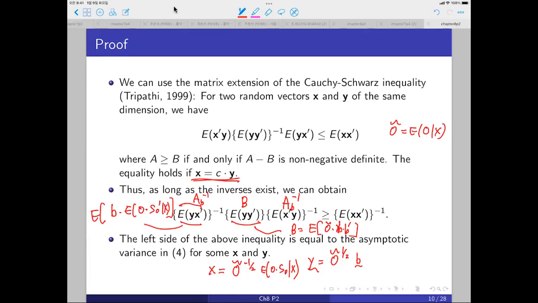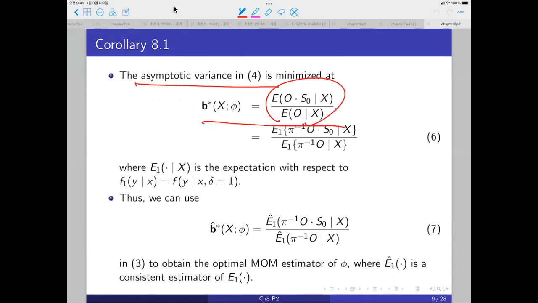So we want O tilde to the half, E O S0 given X, equal to O tilde star B star. Because we want to find B, essentially. Everything else is given; the only thing we want to decide is B. So B has to be this. So we are done.